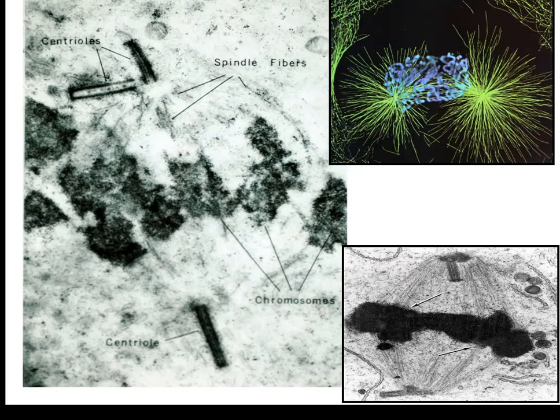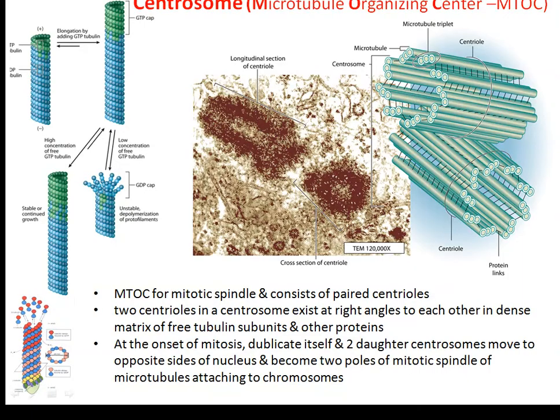Centrioles are composed of a specific arrangement of microtubules, and here each microtubule triplet consists of microtubules labeled A, B, and C. The complete microtubule A is positioned closest to the center of the cylinder, and the microtubule C is the farthest away.